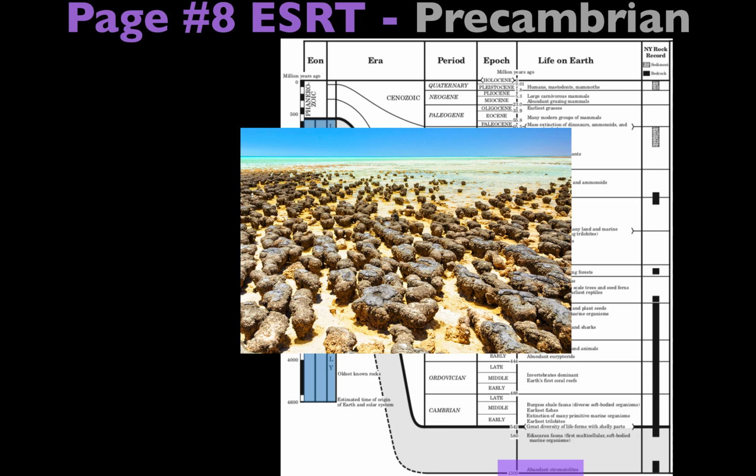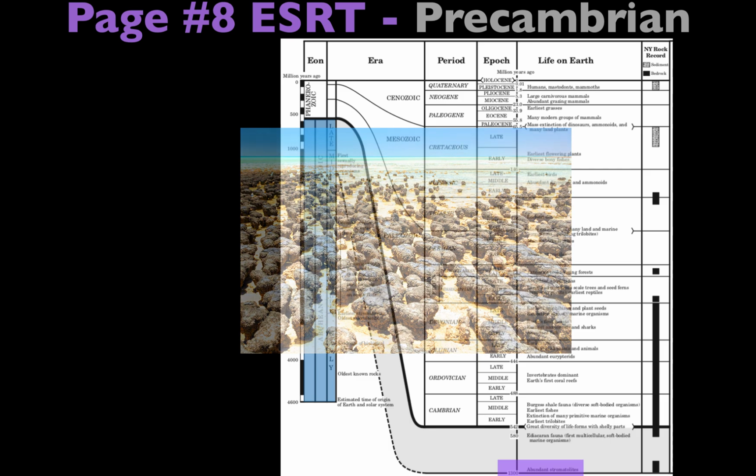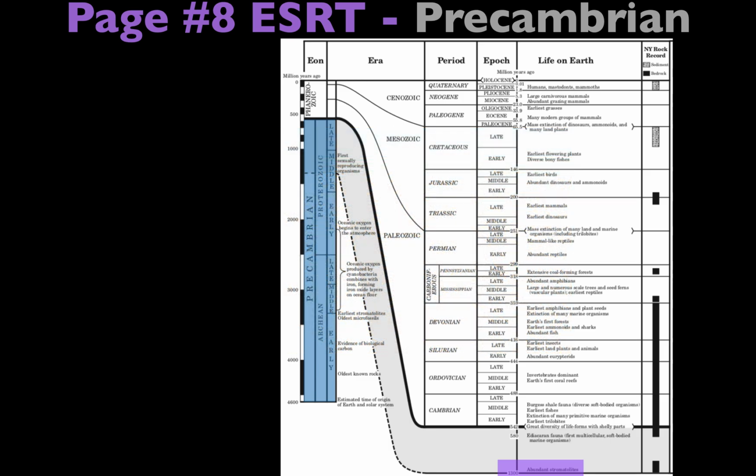But what we need to focus on is when these emerged onto Earth. So you see next to that word abundant stromatolites, 1,300 million years ago. If you follow that line and that curve all the way towards the left, you'll see that it developed at that time, 1,300 million years ago, towards the end of that Precambrian period.